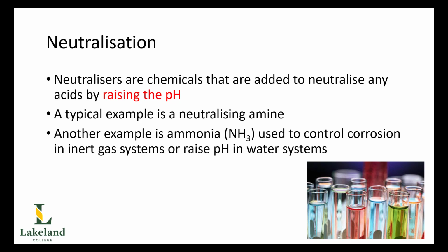If we're not using neutralising amines, another classic example used in high pressure or extremely high pressure boilers is typically ammonia. And ammonia is a good chemical for use, and you find that being used in the big high pressure steam generators around that 17 MPa mark.